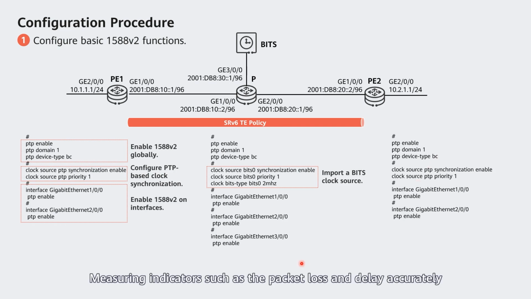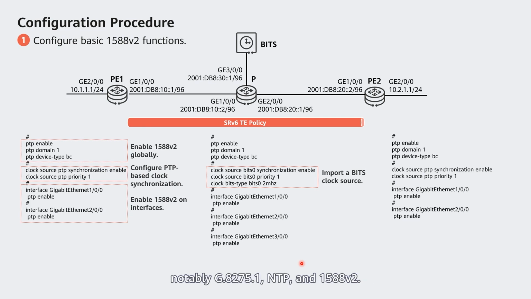Measuring indicators such as the packet loss and delay accurately relies on devices having synchronized clocks. A few clock synchronization protocols are available, notably G8275.1, NTP, and 1588v2. Here, we'll use 1588v2 as an example.